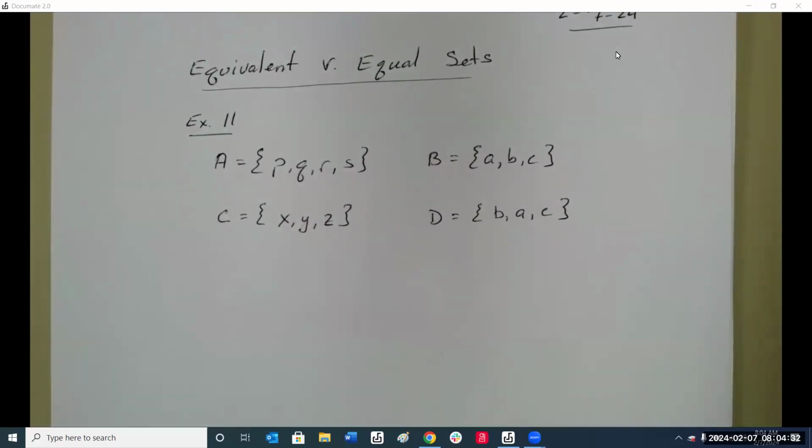So look at these 3. Which ones are equivalent? Which ones are equal? Talk about each combination of these things.